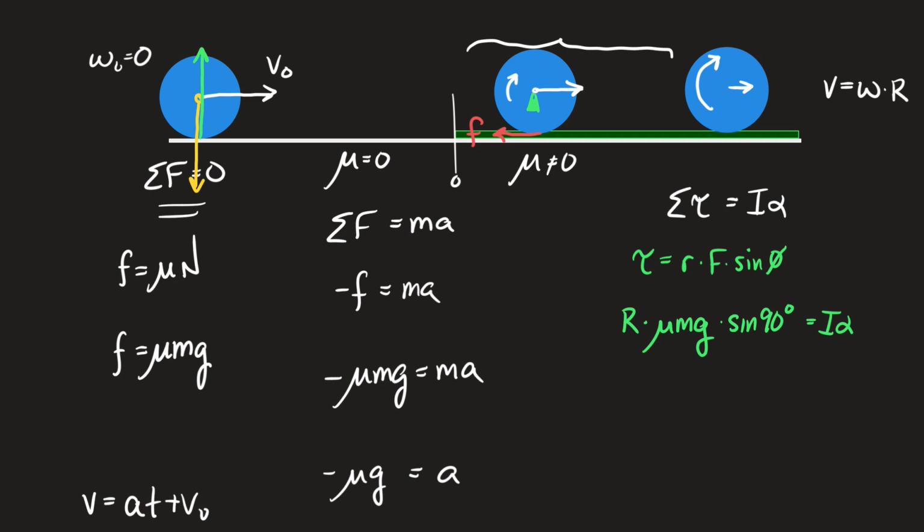Now, if we wanted to place the edge as our pivot point, we could, but we would have to be in the inertial reference frame of the ball to do so, which means the ground is moving and the ball's in place. Does that make sense?